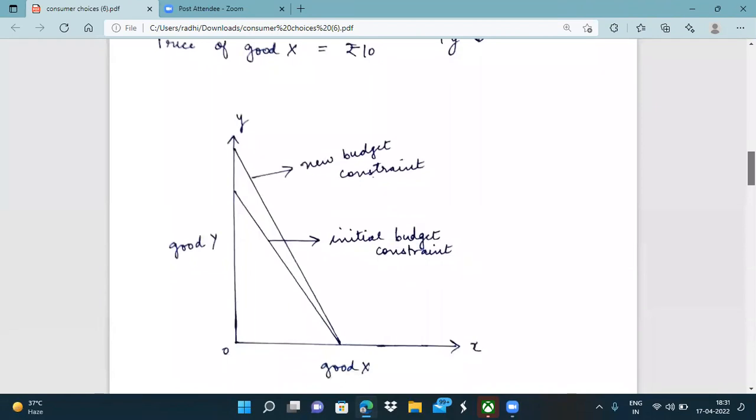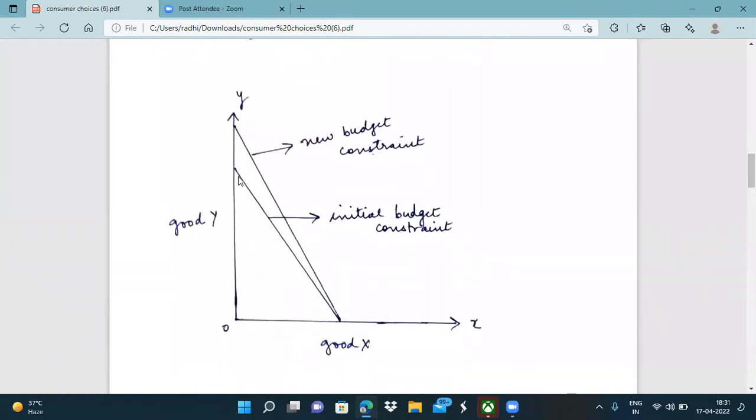So we will notice that there will be an outward rotation in the budget line. This is how our initial budget constraint and the new budget constraint would look.